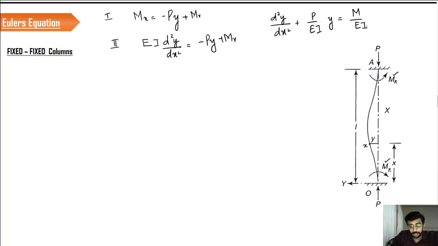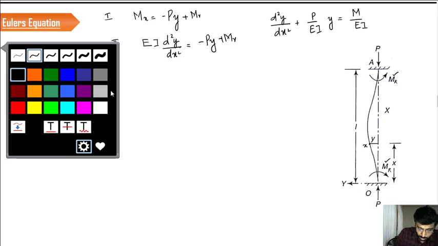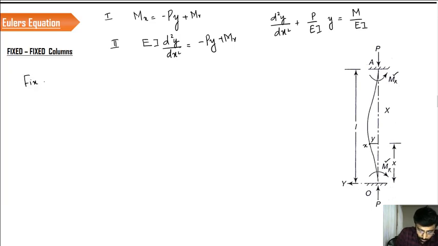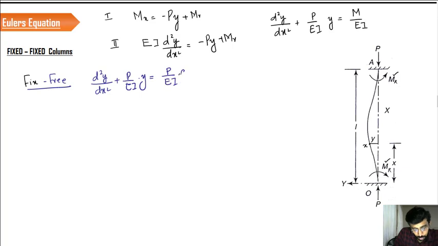Now you compare this particular equation with the equation of fixed-free columns. If you take a fixed-free column, then the general expression was d square Y by dx square plus P by EI into Y is equal to P by EI into A. This was the expression, right?